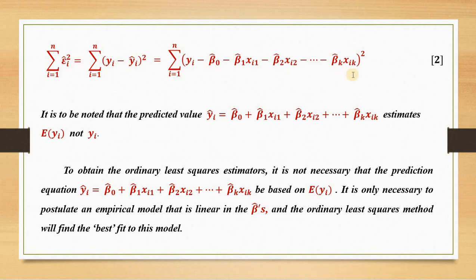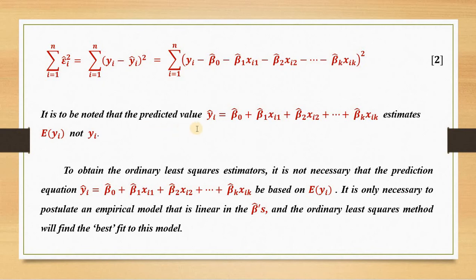This is the least square function, summation over i from 1 to n epsilon i cap square, and this epsilon i cap square is nothing but yi minus yi cap whole square. In extension we can write yi minus beta naught cap minus beta 1 cap xi1 minus beta 2 cap xi2 dot dot dot beta k cap xik whole square.